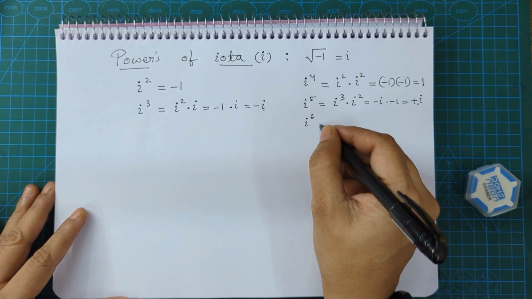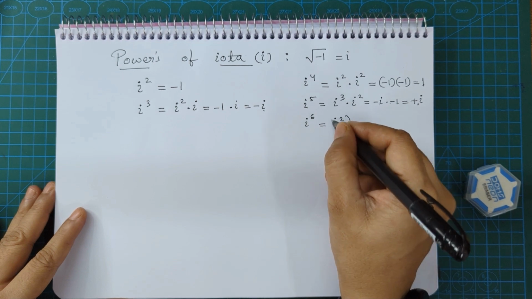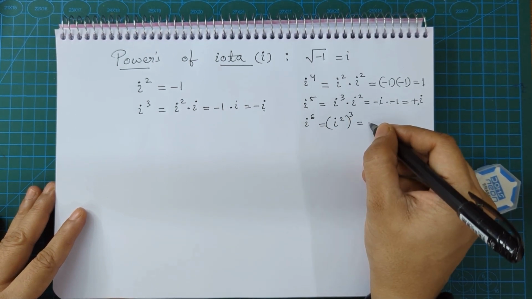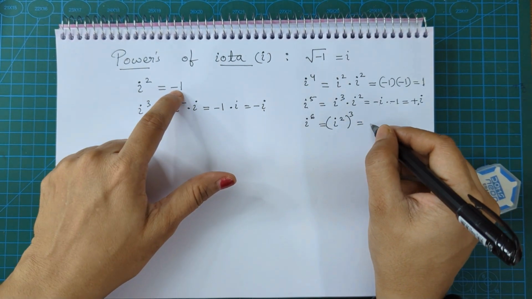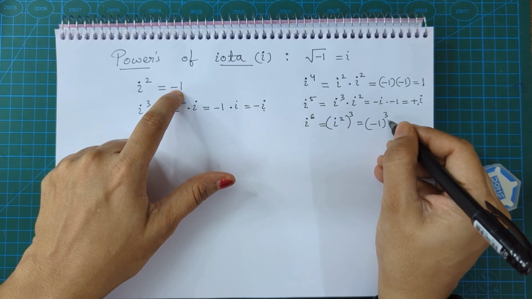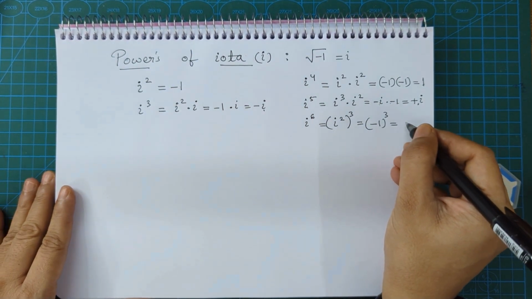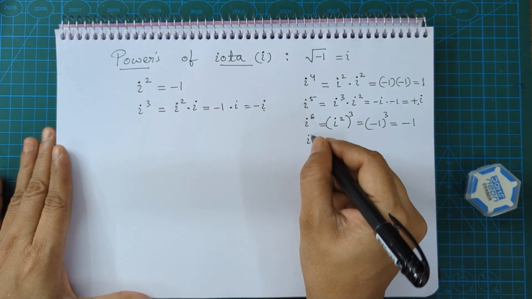So i to the power 6 is i square whole cube. i square is negative 1, negative 1 cube, negative to the power odd is negative, so it is negative 1, and you see the number repeated. What about i to the power 7?